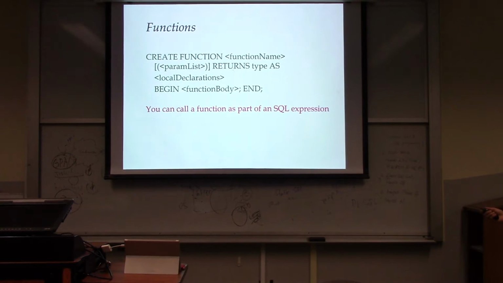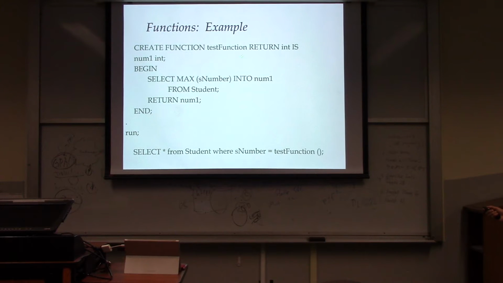It has the return value. So for example, the test function returns an integer, the maximum student number. We try to get the maximum value of S number, an attribute of the student table. Then it will be stored in num1.